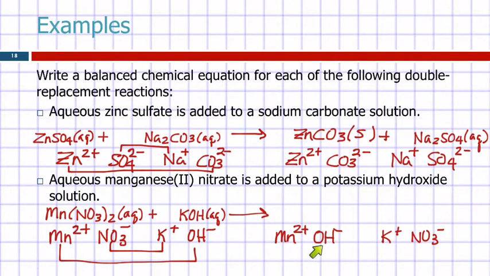Manganese has a +2 charge, hydroxide has a -1. I need 2 of the hydroxides so that the charges of these are going to add up to 0. Potassium and nitrate, I just need 1 of each because their charges are the same. And there are my products.